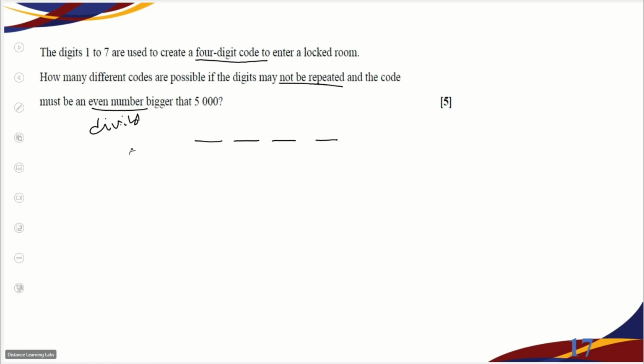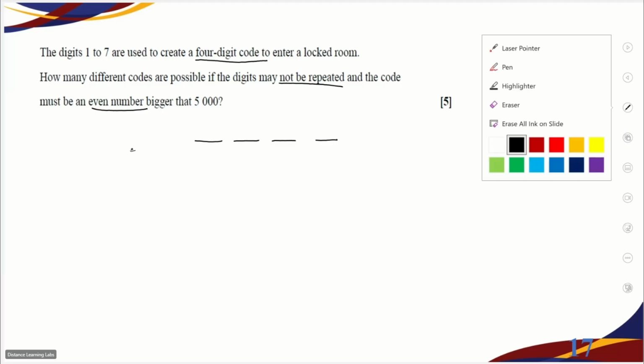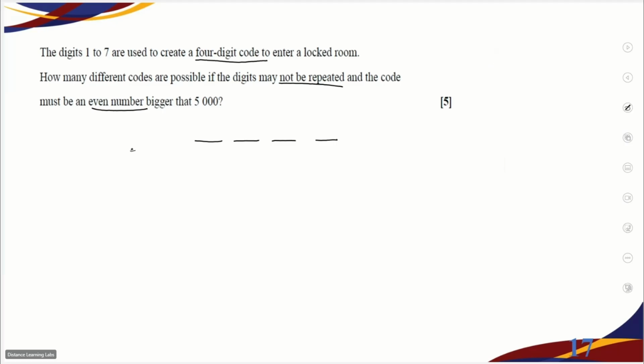For it to be an even number, it is divisible by 2, meaning this restricts the last position. And bigger than 5,000. Bigger than 5,000 is the same as greater than 5,000, meaning it restricts the first position.